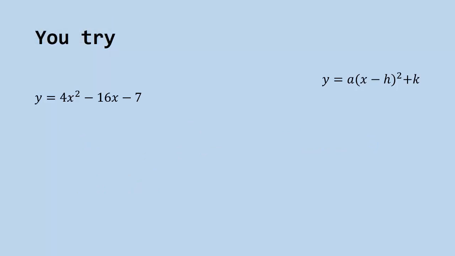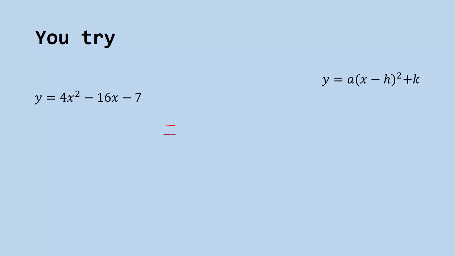Now I'll do it again with a little bit closer to the completing the square method, if this just helps you to keep track of what you're adding and subtracting. So again, I'm going to ignore the y equals, and I'm just going to bring down the 4x squared minus 16x minus 7, but I'm going to work it as if I was working a completing the square problem.